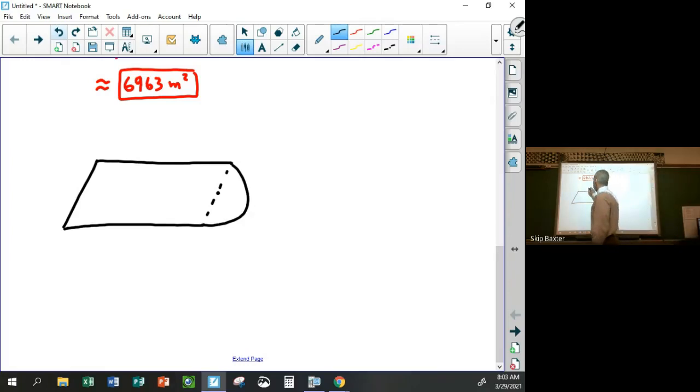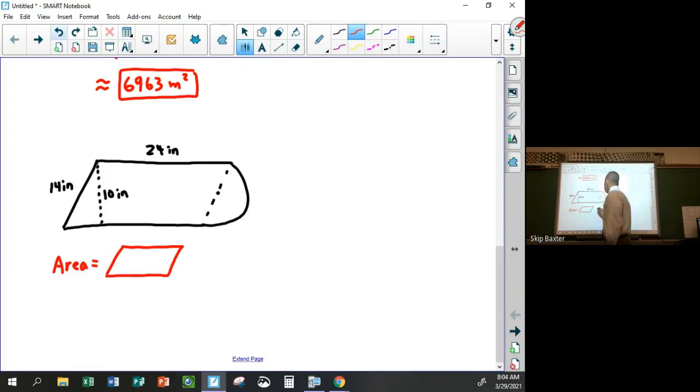And let's say this was like 24 inches. This is 14 inches. And this is 10 inches. Okay, same idea, right? You could split this up into two simple figures. The area would really just be the parallelogram plus a semicircle, right?